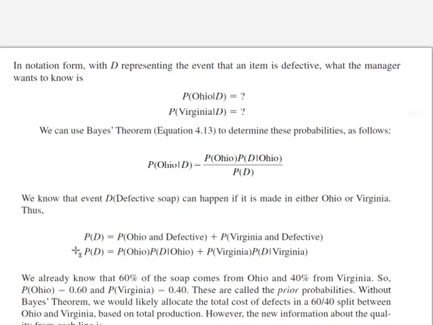Using the equation, we know that event D, defective soap, can happen if it is made in either Ohio or Virginia.